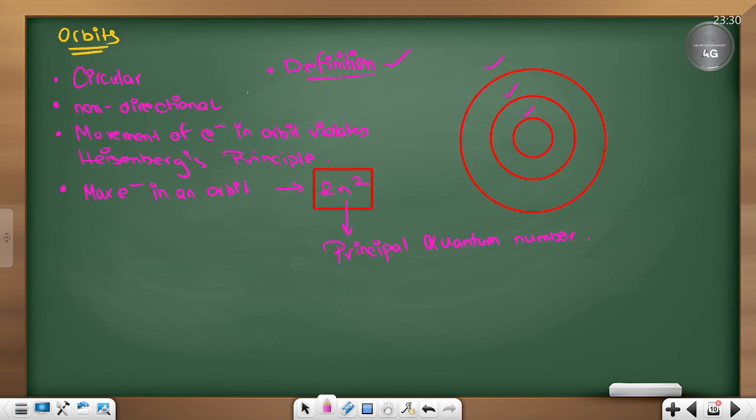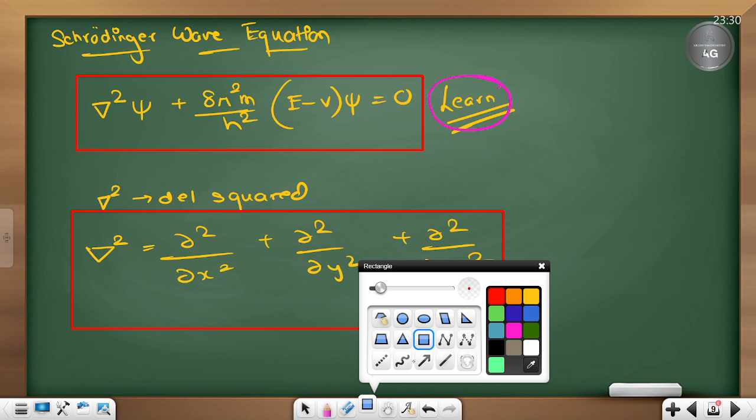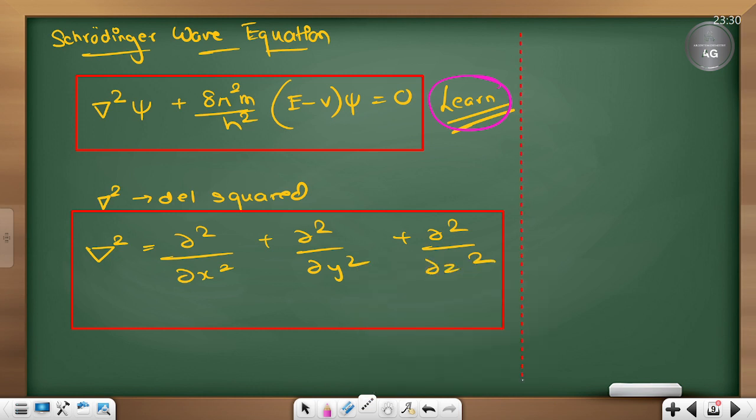One important thing I forgot to mention here, please note it. Psi square represents probability density. That means the probability of an electron to be found at a place. In a particular area, if you want to find the electron, that is called probability density, psi square.